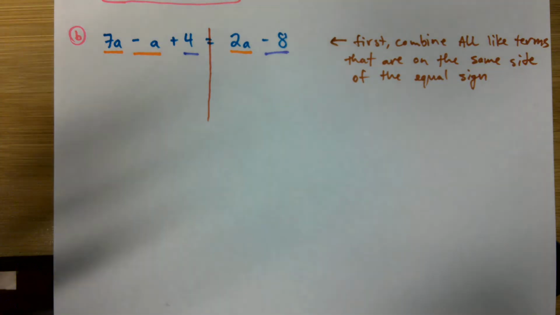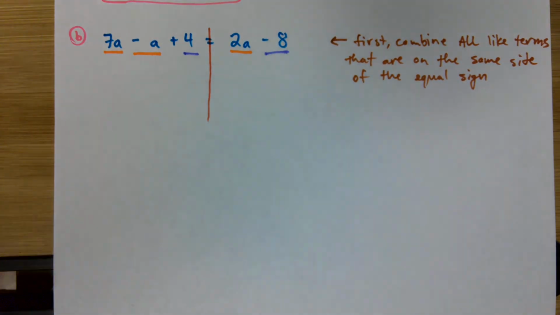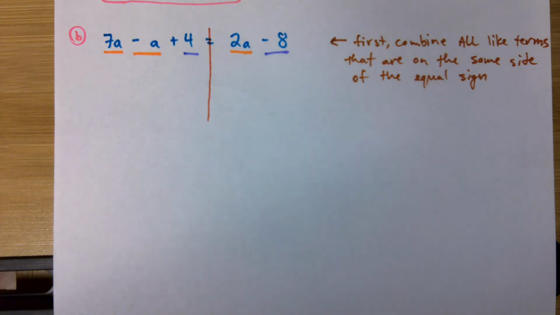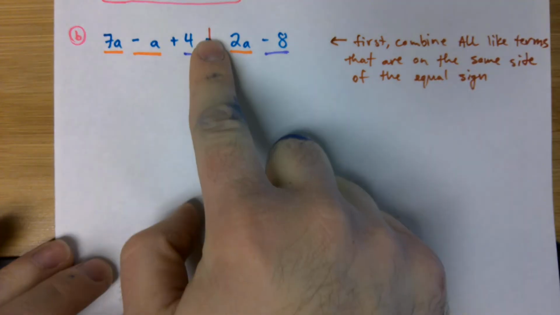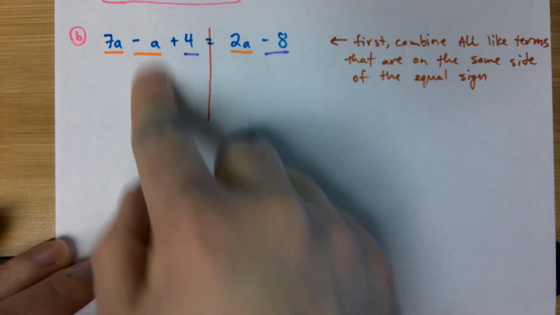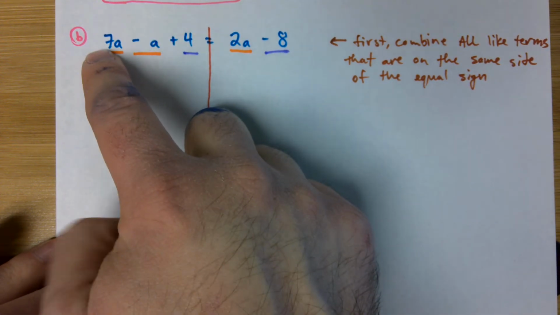When they're on the same side, like 7a and negative a, we're just going to combine them together. But if they're on opposite sides, that's when we have to do the inverse operation. So when we move across this line here, that's when we have to do an inverse operation. But right here, we just solve it exactly as we see it.